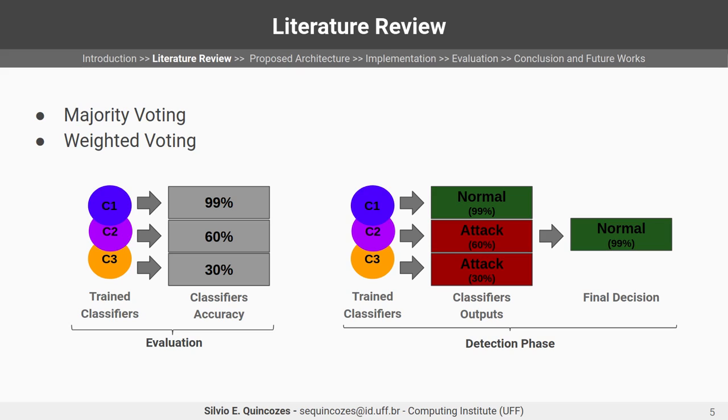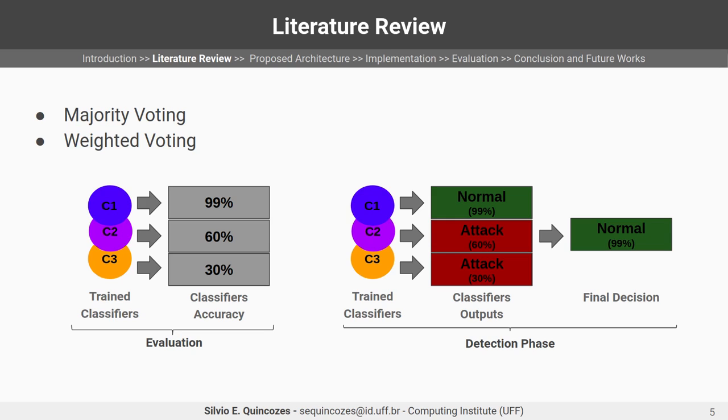For example, if at the evaluation phase C2 and C3 present attack with an accuracy of 60 and 30%, which is not very high accuracy, however C1 presents a different output, that the unknown sample is normal, and this classifier had 99% accuracy at the evaluation phase.